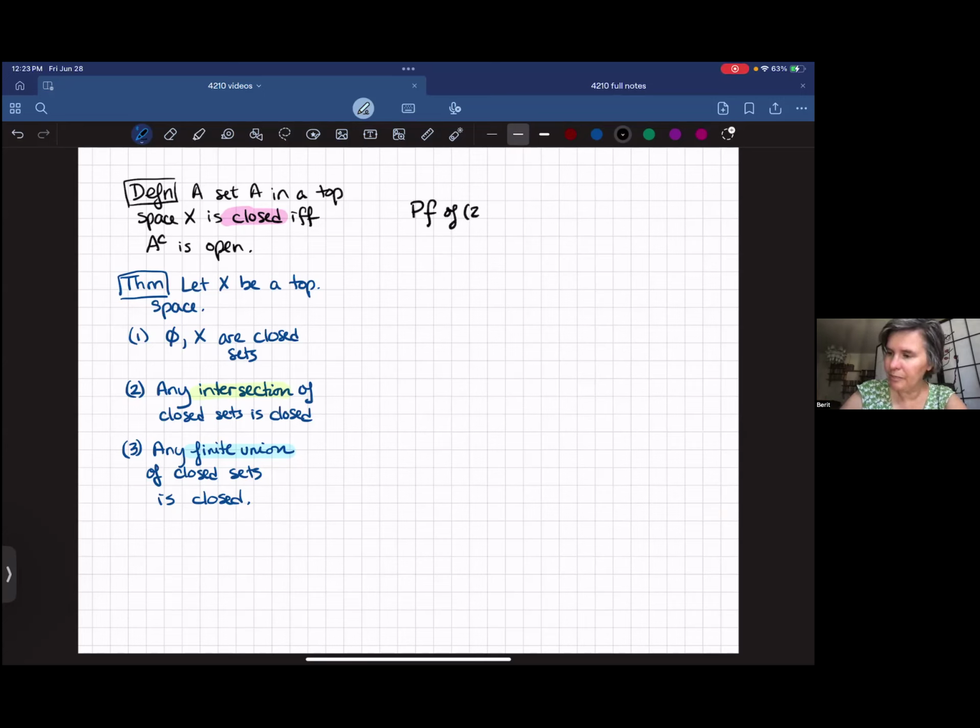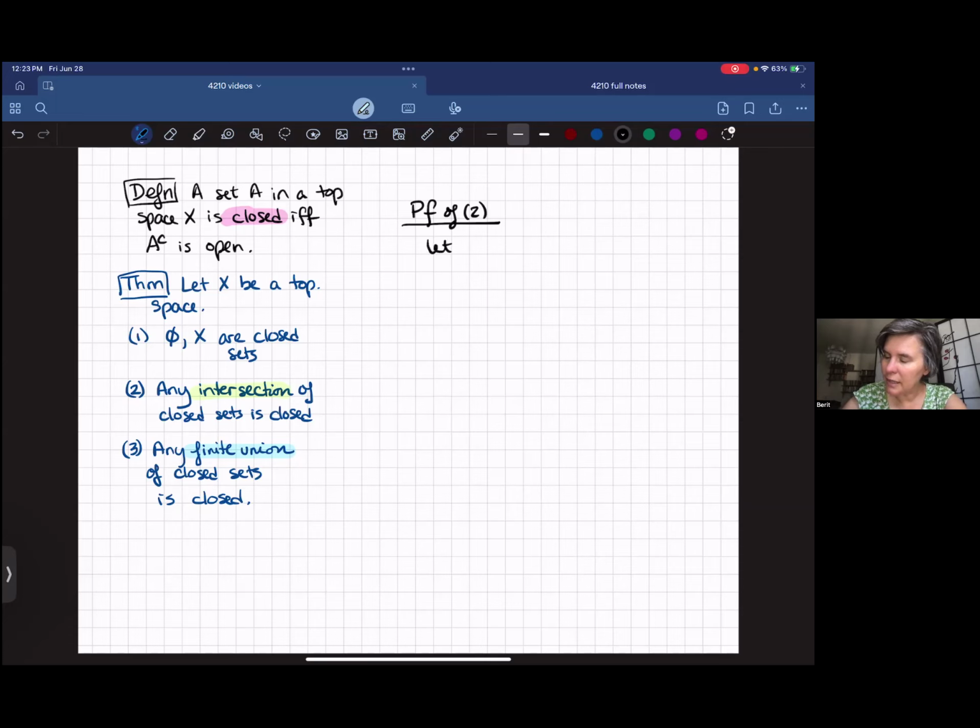Proof of two. Okay, we want to take an intersection of closed sets, and we don't know how many closed sets. It could be 2, 3, 5, infinity, an uncountable number. It could be any number of closed sets. So I'm just going to write this in a very abstract way.